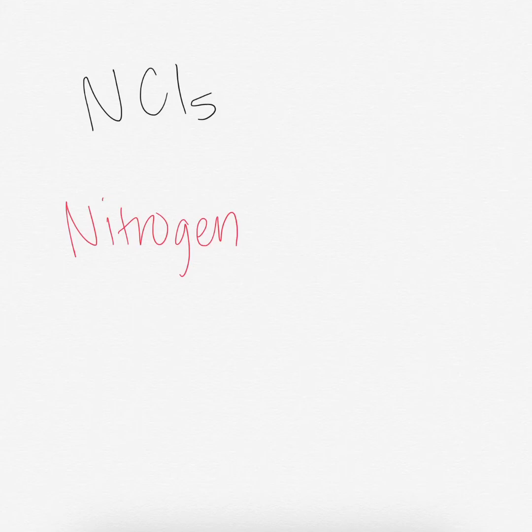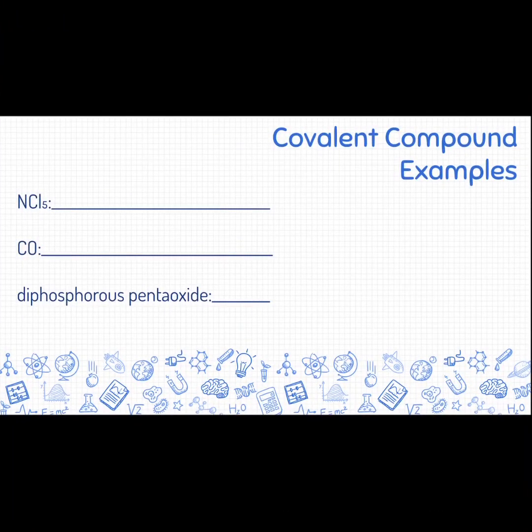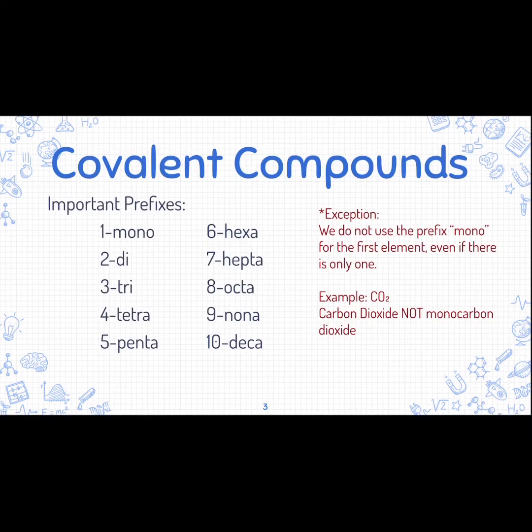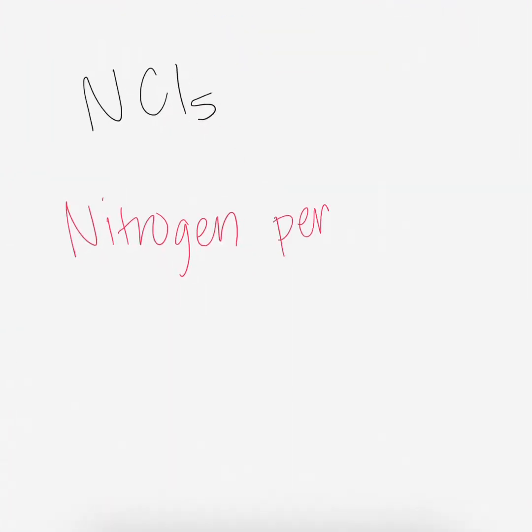So next I have Cl5, so you need to look at your prefix. Prefix for 5 is penta. So we would say pentachloride. So make sure you drop that ending and add IDE.